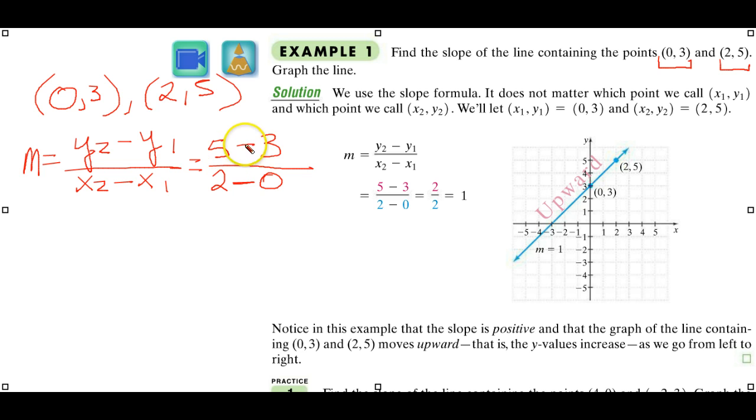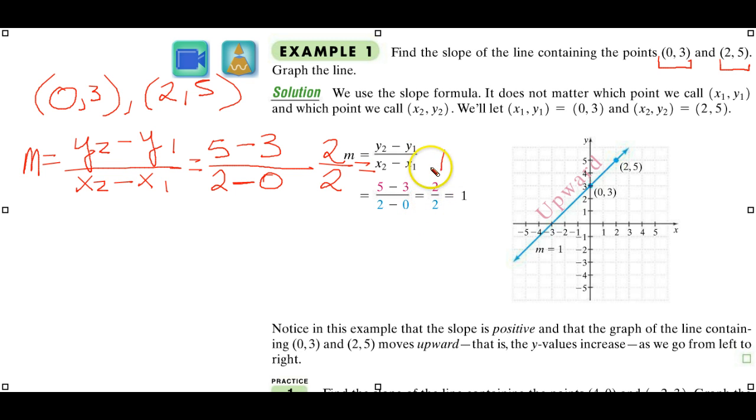So 5 minus 3 is 2, and 2 minus 0 is 2. So our ratio then is 1 over 1, or just plain 1.